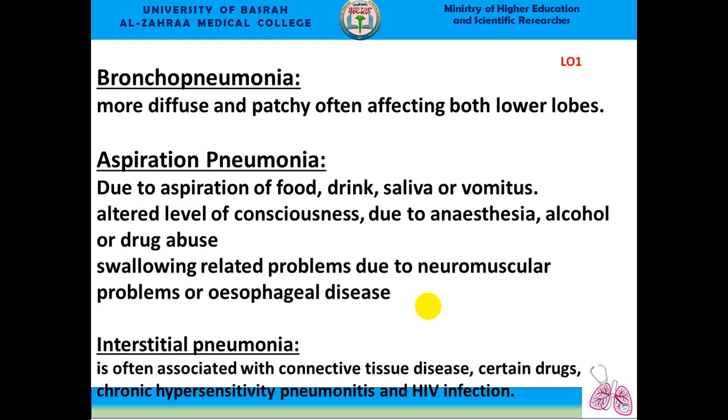Also, interstitial pneumonia might be associated with certain drugs. Side effects of some of the drugs might cause interstitial pneumonia, and sometimes chronic hypersensitivity pneumonitis can cause interstitial pneumonia, and HIV infection or AIDS can be associated with interstitial pneumonia, or sometimes we call it interstitial pneumonitis.